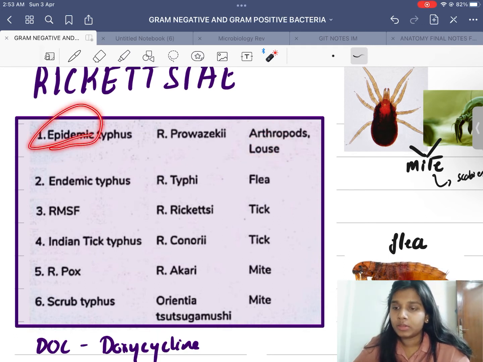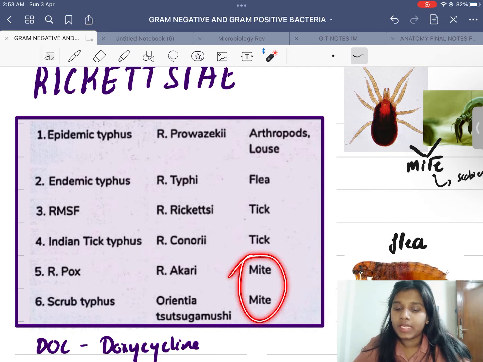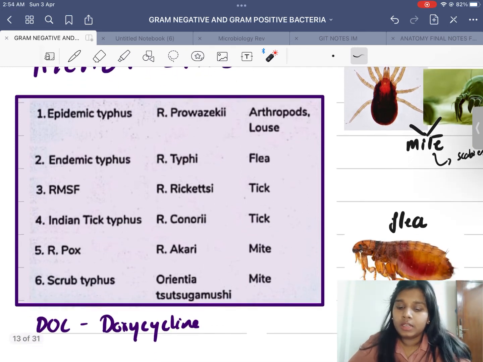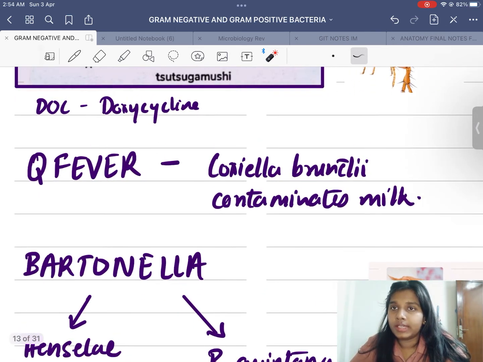So remember epidemic typhus, louse or lice. Flea has E in the start, that won't help you, but it's endemic. Flea for endemic typhus. And tick is causing Rocky Mountain and Indian tick typhus. And mite for the last two. Try to learn. And drug of choice is doxycycline. For rickettsia, drug of choice is doxycycline.